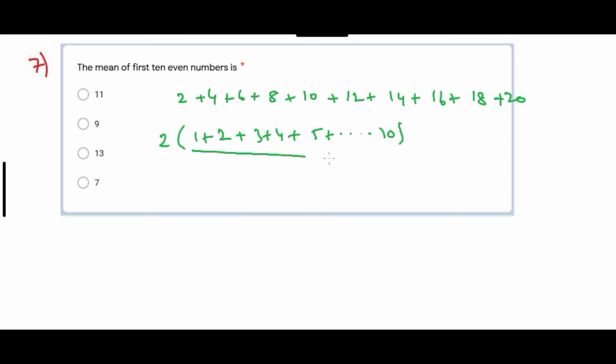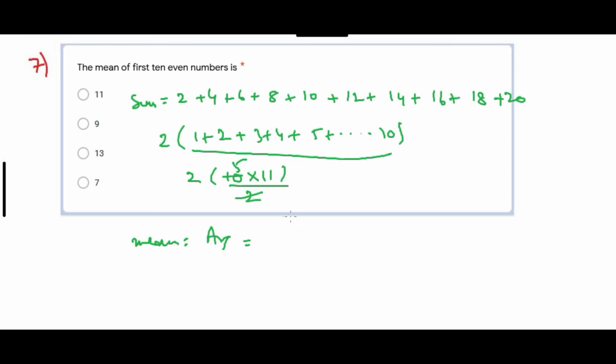Now it is 2 times the sum of n natural numbers. The formula is n into n plus 1 by 2, so 10 into 11 by 2, which is 55. But I have found the sum, and I want the average.